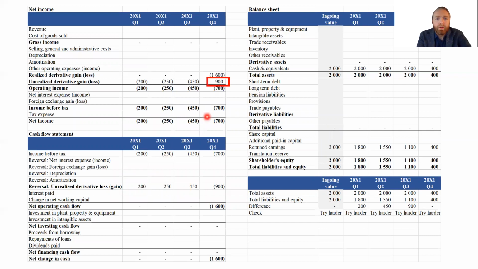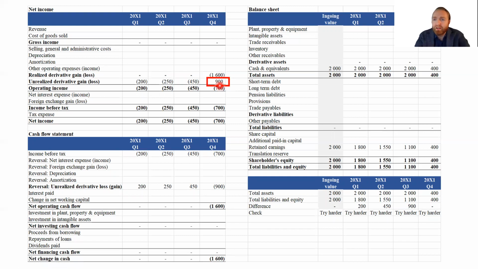Well, we have, again, the realized gain or loss. Now we have added some numbers here on the line for unrealized derivative gains and losses, so that they appear here. Note that the unrealized derivative gains and losses are reversed in the final quarter when it's cash settled, because it needs to unwind.